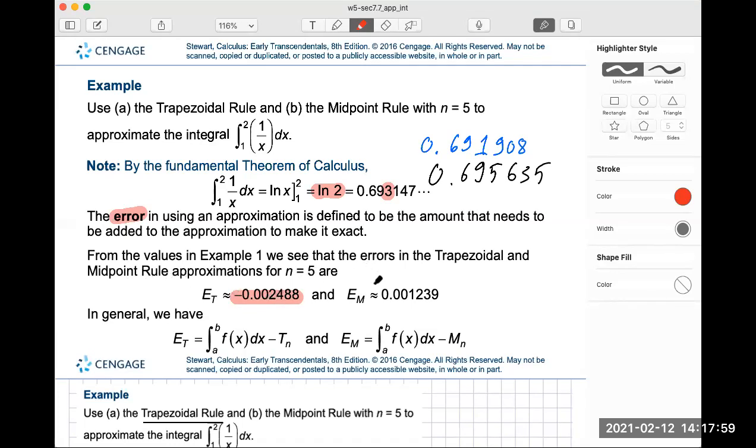And the midpoint rule will give us this result. Okay? Memorize it. In the future, the error will be the difference of the exact value and the approximation. The error of the trapezoidal rule and the error of the midpoint rule are shown here. Okay?